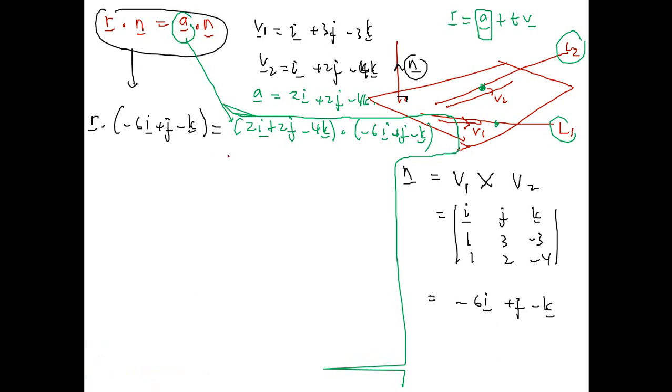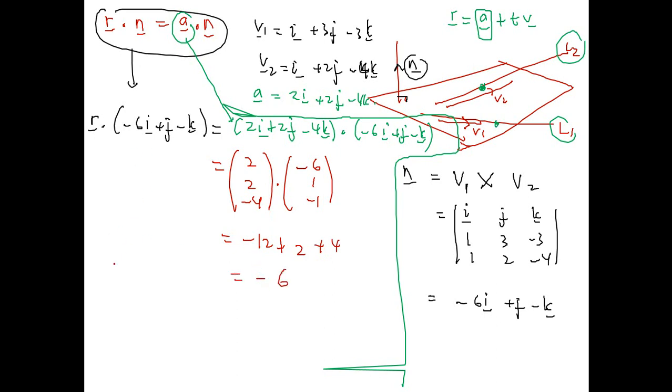Now on this side, change to matrix form. Dot product: negative 6, 1, negative 1. 2 times negative 6 plus 2 times 1 plus 4. The answer is negative 6.